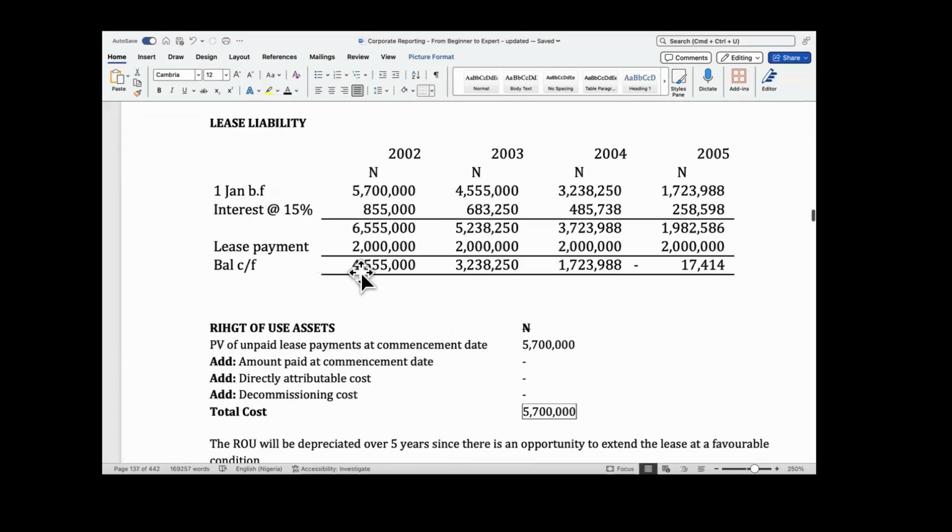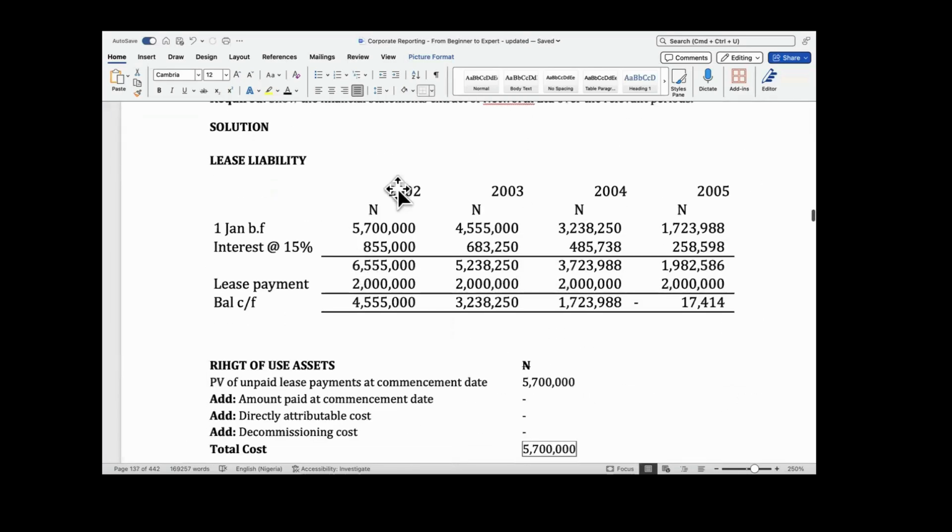I just finished explaining to you that in year one, the liability was 4.5 million. From this schedule, in every lease liability, we know how much you will pay next year, because we pay every year. And I said the easiest way for you to do it in the exam so that you won't make mistakes is from this 4.5, the way you split it is to look at how much you will be owing next year.